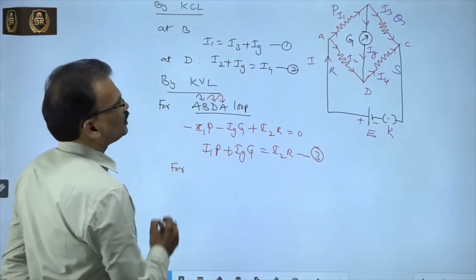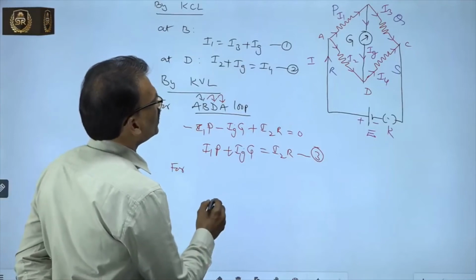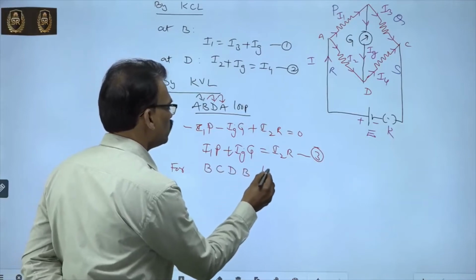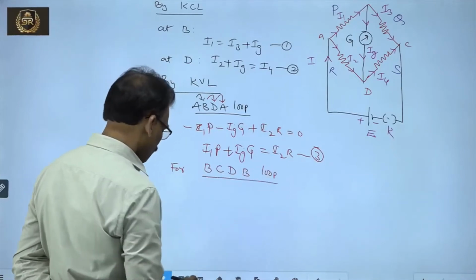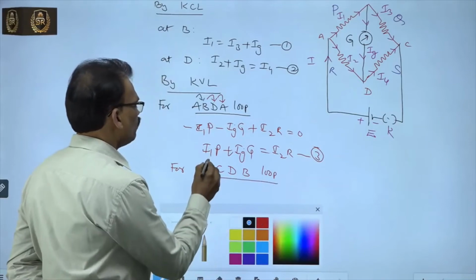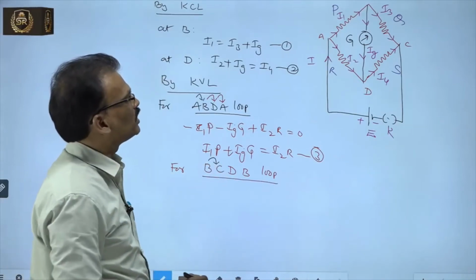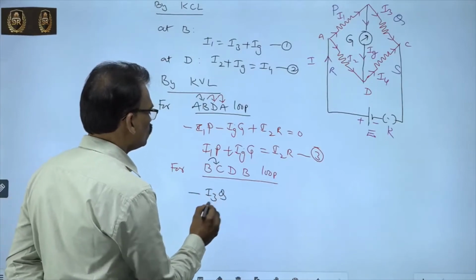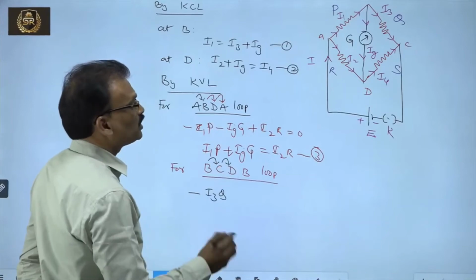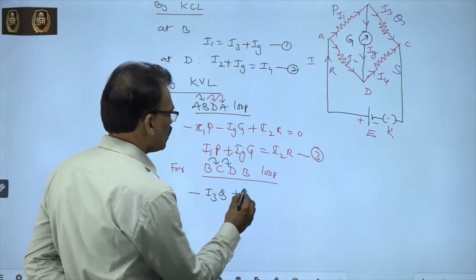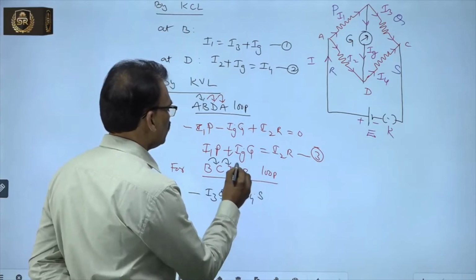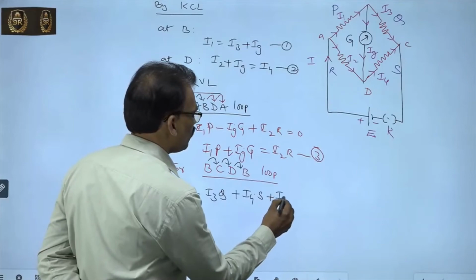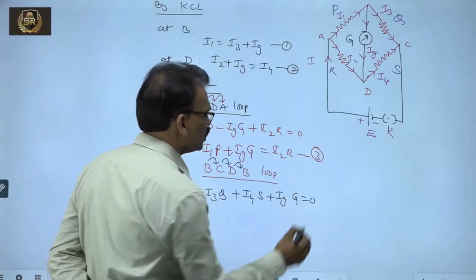Now for the next loop, the BCDB loop. For this loop, B to C, you are going in the same direction as the current flowing, minus I3 into Q. C to D in the opposite direction, plus I4 into S. D to B again in the opposite direction, plus I of G into G equal to 0 in the closed loop.